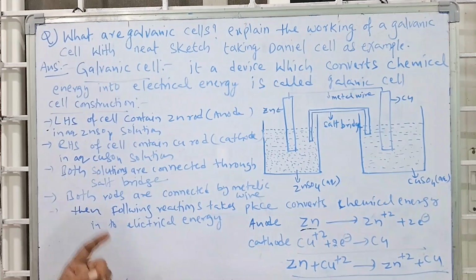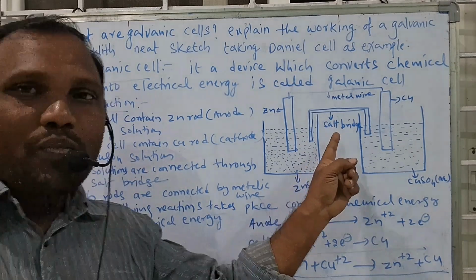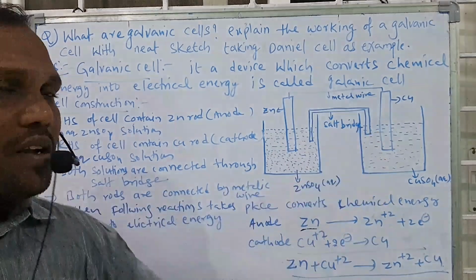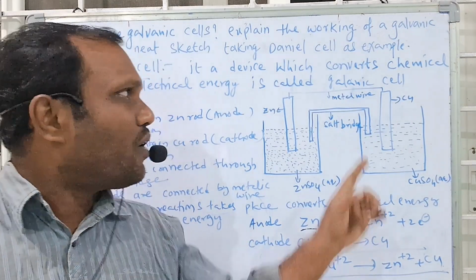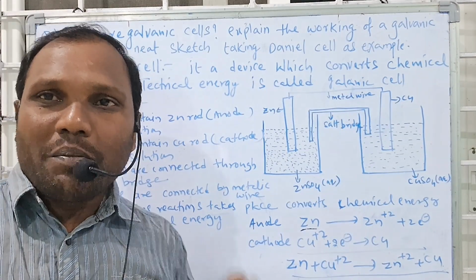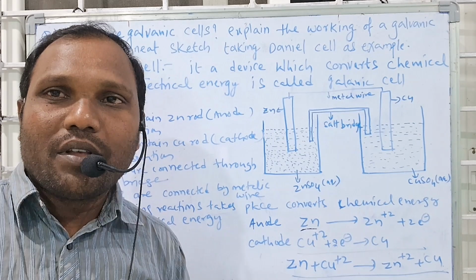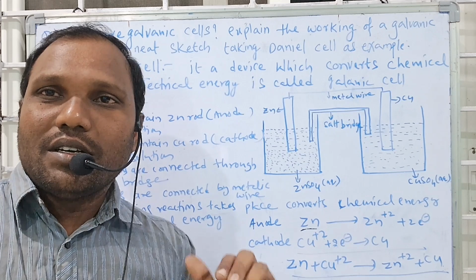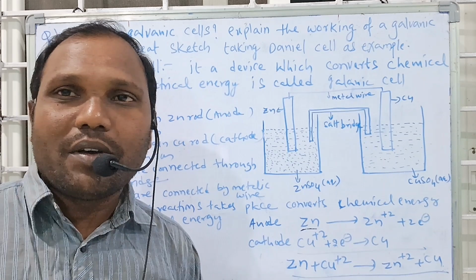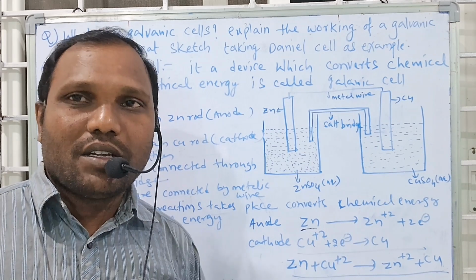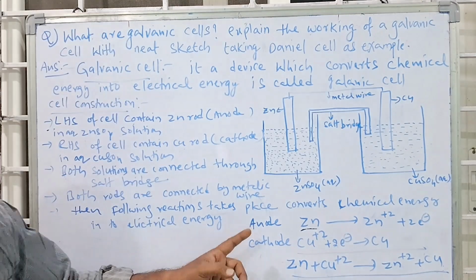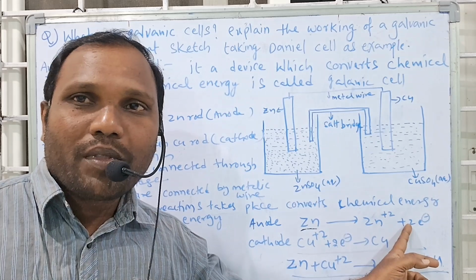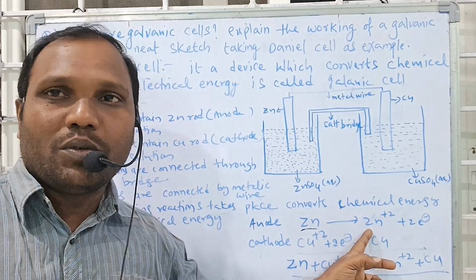Now both the solutions are connected through the salt bridge, and both metallic rods are connected by metallic wires. From this arrangement, the following reactions take place, and chemical energy is converted into electrical energy. Now the reactions are what? At the anode, zinc undergoes oxidation and produces Zn2+.